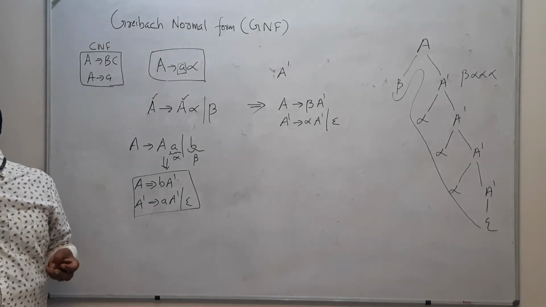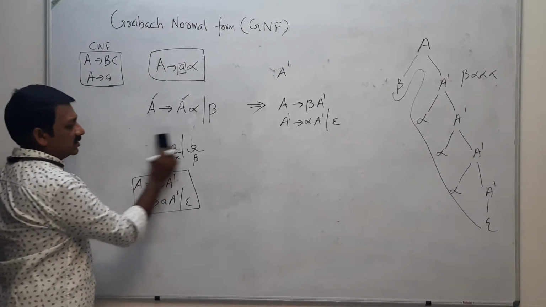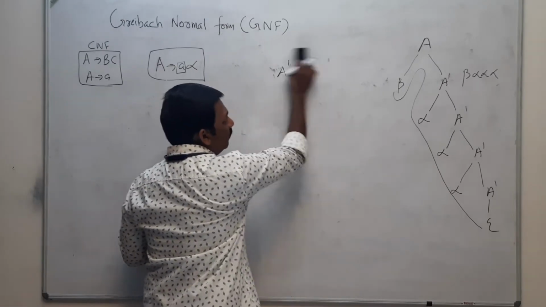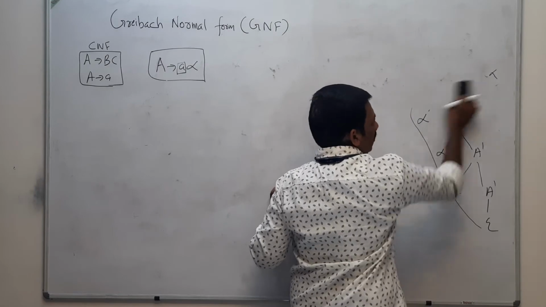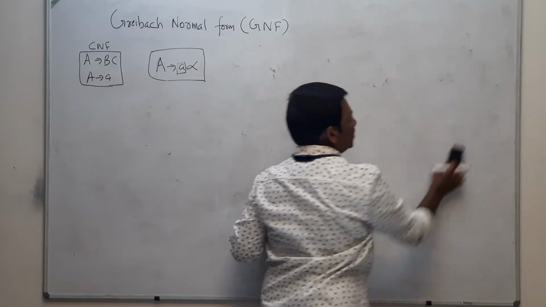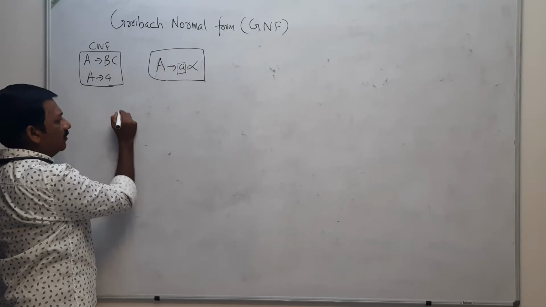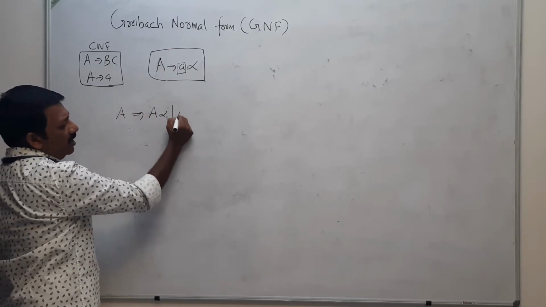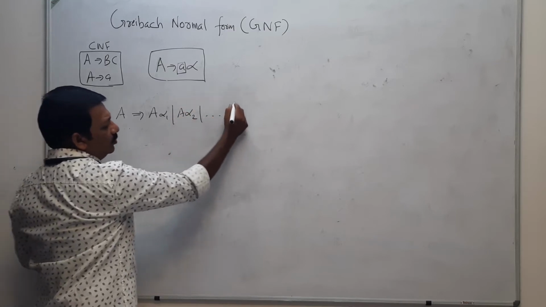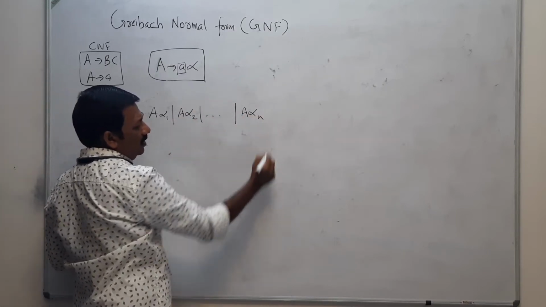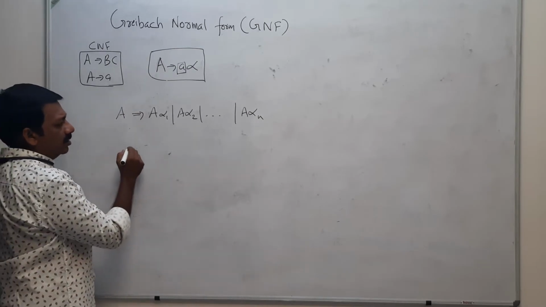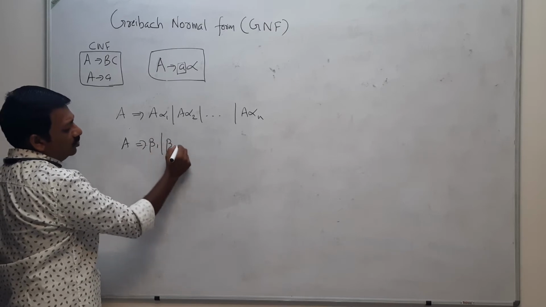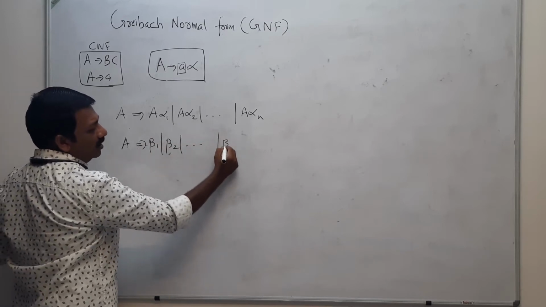And now in general we can extend this. We have the general form of this. Suppose that we have a set of productions having A derives A alpha 1, A alpha 2, etc. up to A alpha n, and A derives beta 1 or beta 2 or etc. up to beta m.